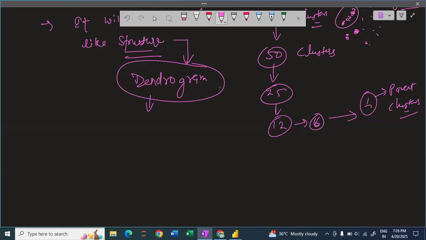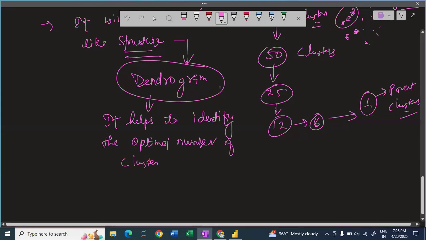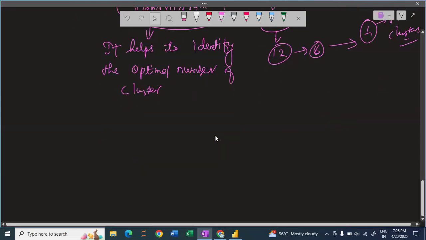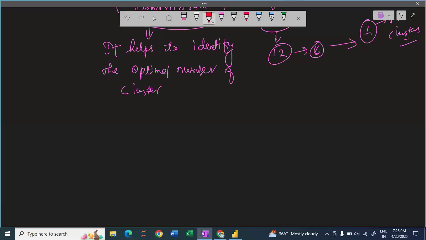so this dendrogram helps to identify the optimal number of clusters.